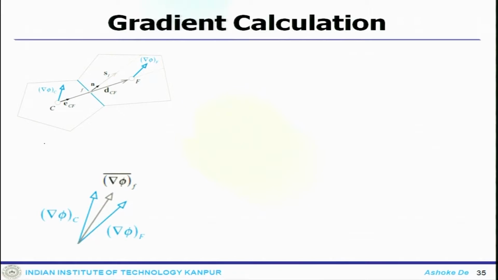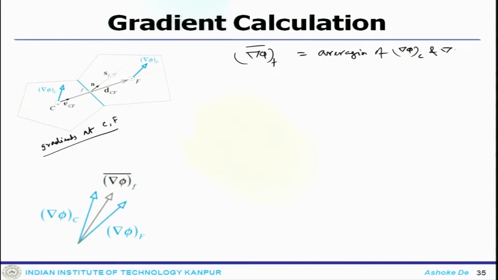Then if you look at this particular first figure, you have two nodes. So, the gradients at C and F. So, you have these two where the cell center gradients are available, and then when you want to calculate at the face, delta phi at the face is some sort of an averaging of delta phi C and delta phi F. So, that can be obtained using some sort of an averaging procedure.